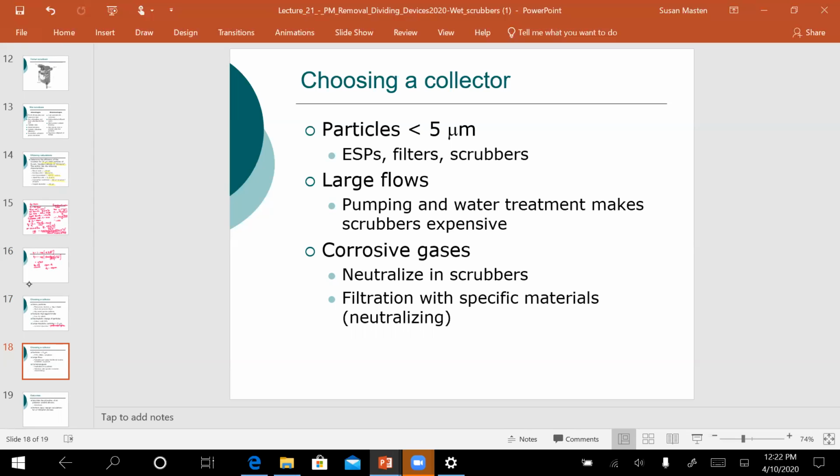You need to be very careful with using, for instance, filtration with typical, less expensive materials because of corrosion of those fabrics, deterioration of the fabrics. You may need to use special materials. For instance, a ceramic. You can use ceramic filters. They tend to be much more robust, but they're more expensive, and they need to be very large because of the porosity of the ceramic material.